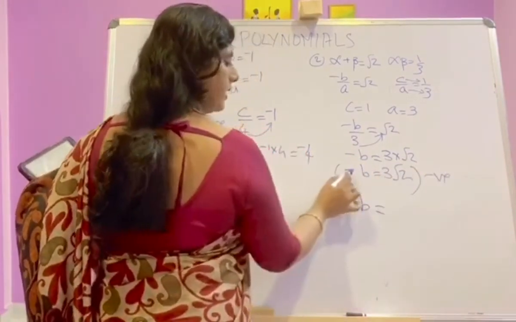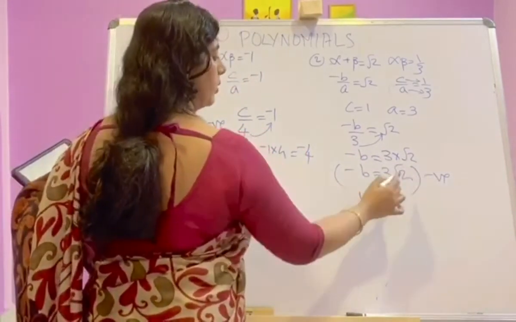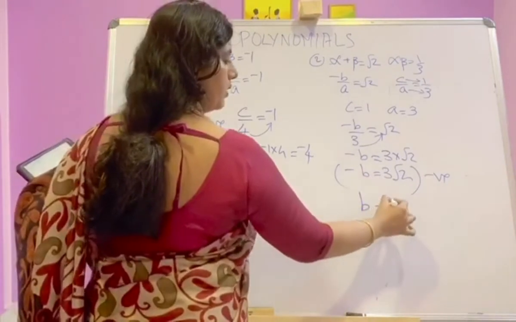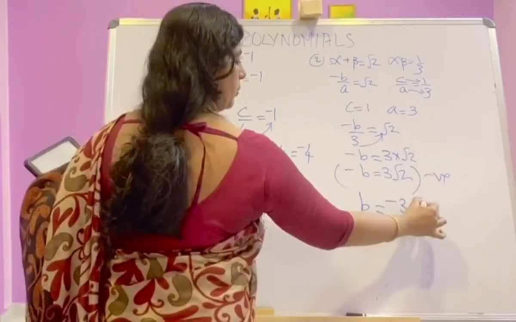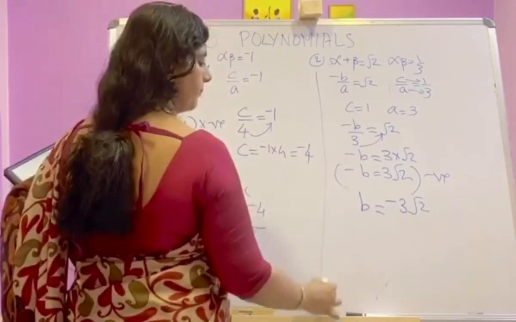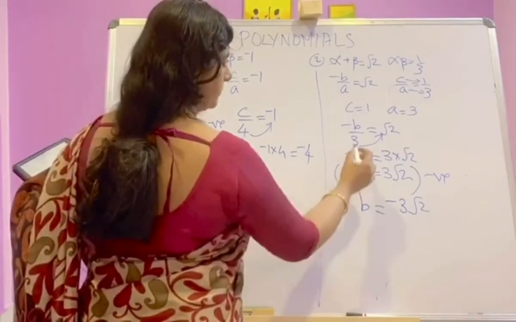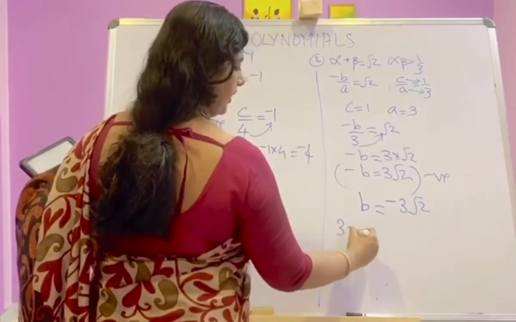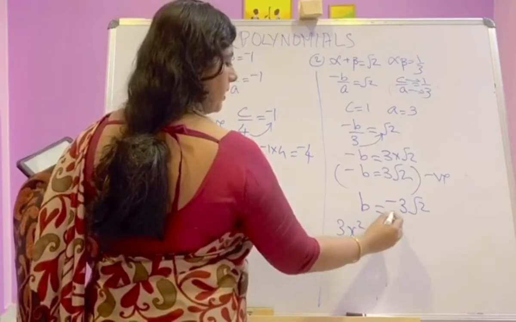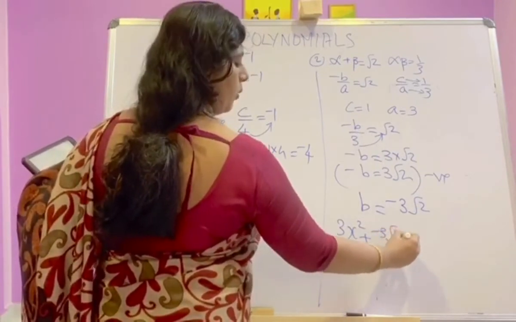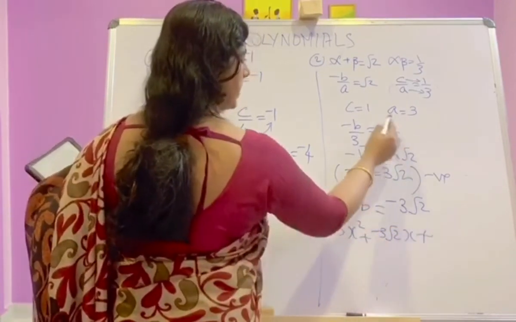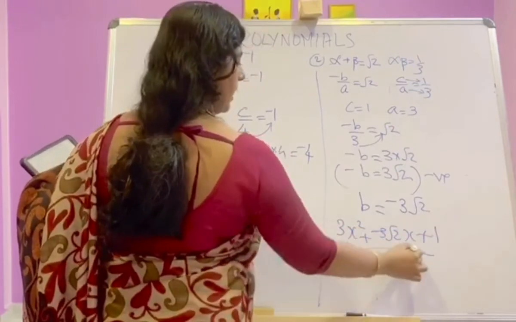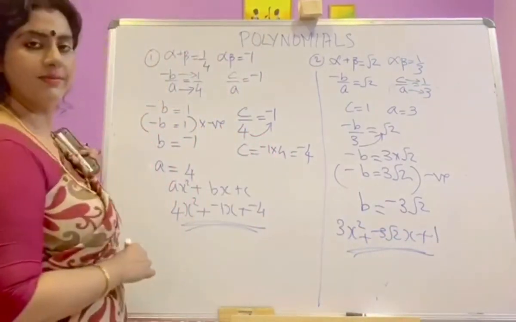We want to cancel this negative, so we are multiplying the whole by negative. B is equal to negative 3 root 2. Now how will you write? Ax square, that is 3x square plus minus 3 root 2x plus c 1. This is a polynomial. Okay.